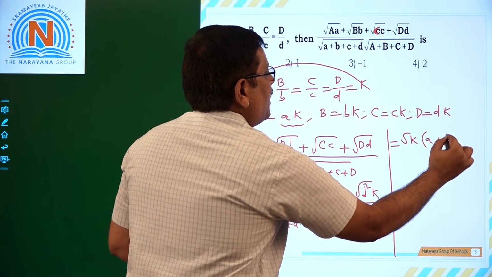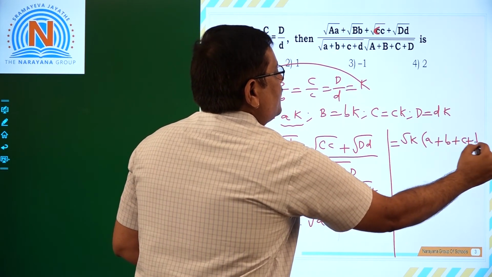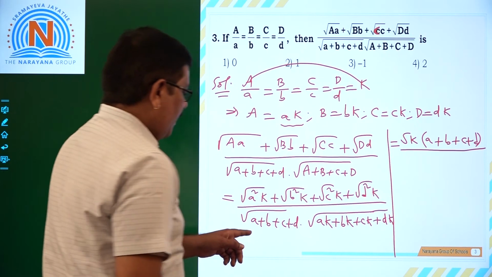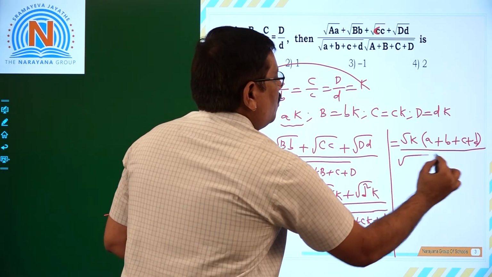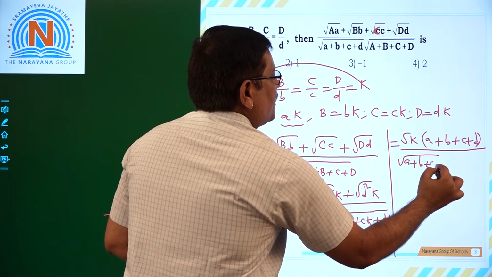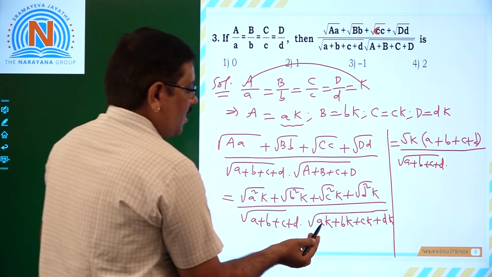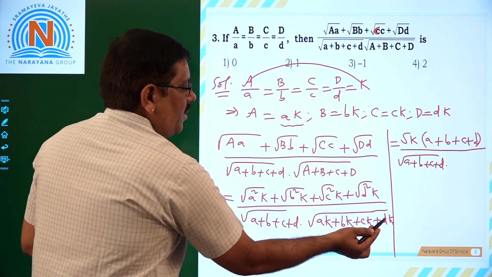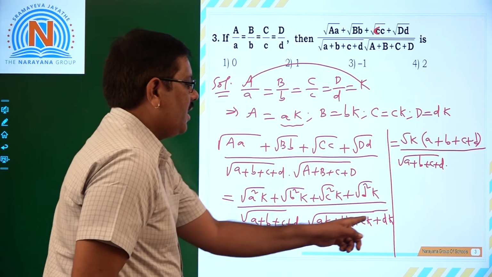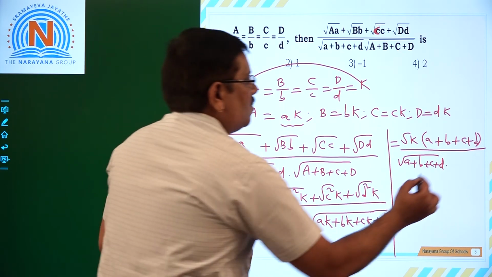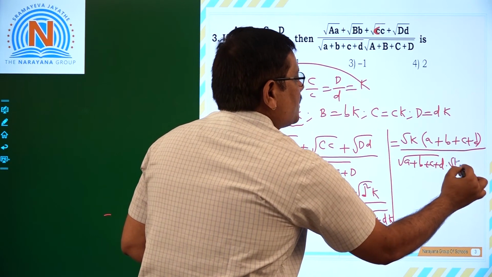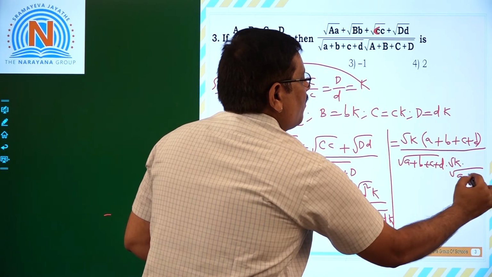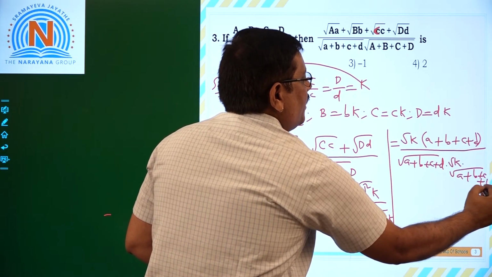So the numerator is root k times a plus b plus c plus d. In the denominator, the first factor is as usual, root over a plus b plus c plus d, and in the second, k is common in all terms, so root k comes out, giving root k times root over a plus b plus c plus d.